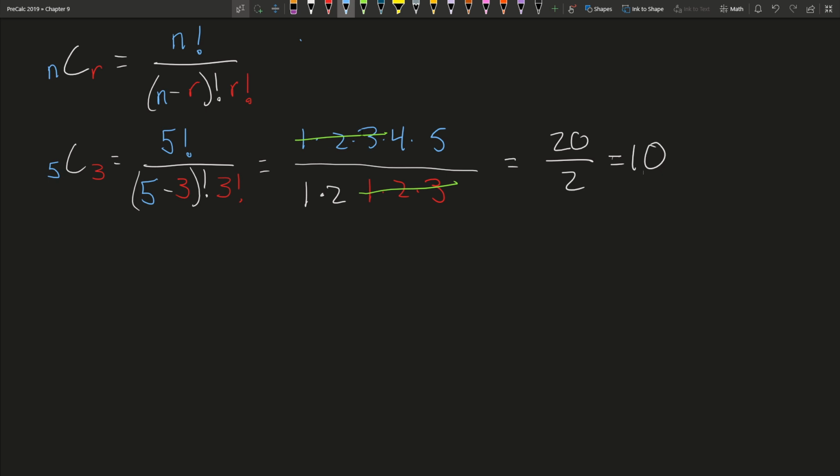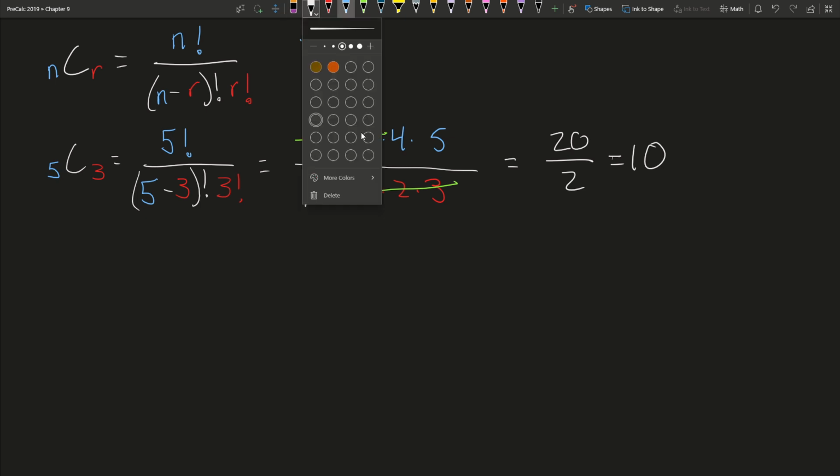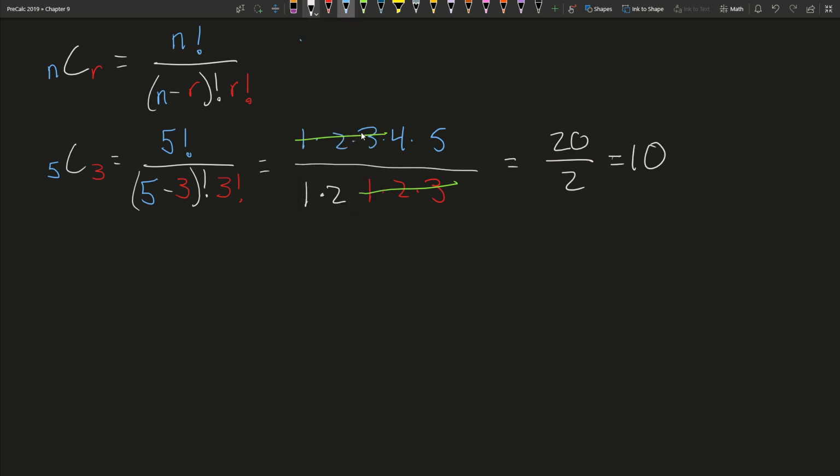Okay, so for example, playing poker. In poker, in one deck, there are 52 cards. Each hand is 5 cards big.